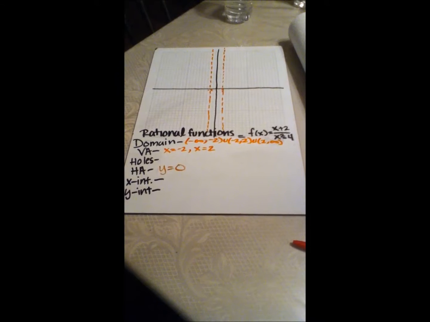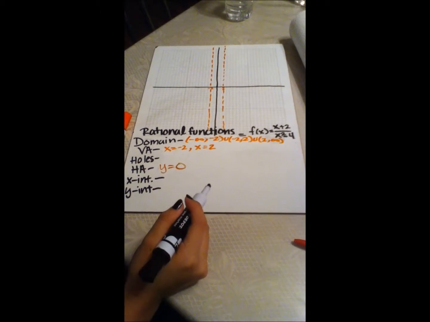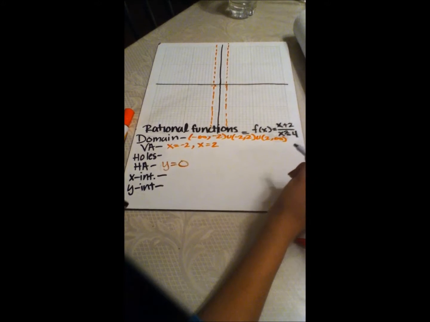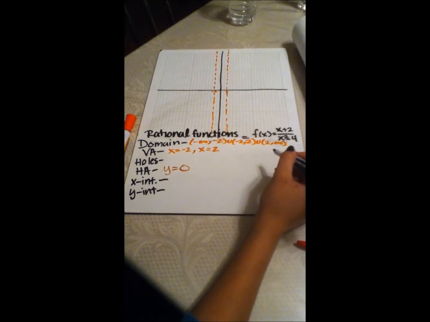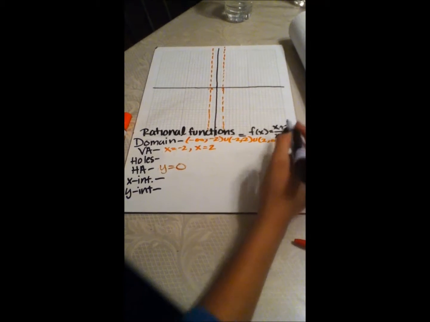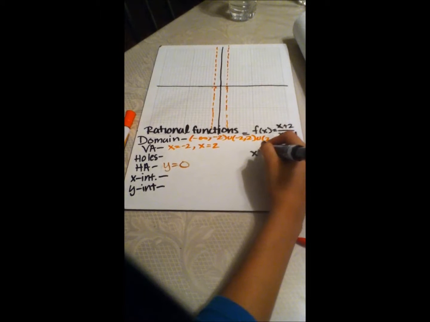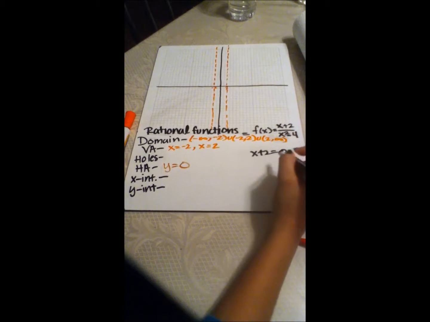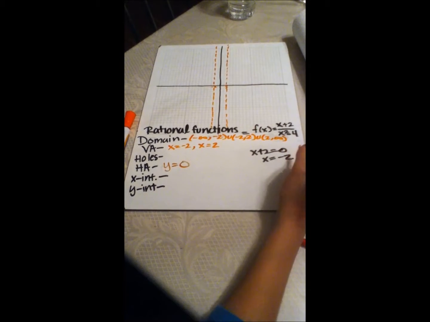Okay, so now that we got our horizontal asymptote, we can look for our x-intercept. To find our x-intercept, we have to set the numerator equal to 0. So it will be x plus 2 equals 0, and then solve. So x equals negative 2.